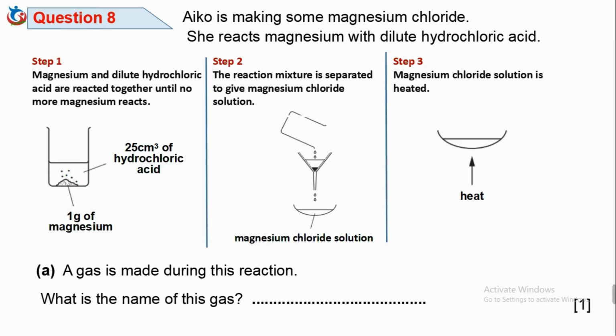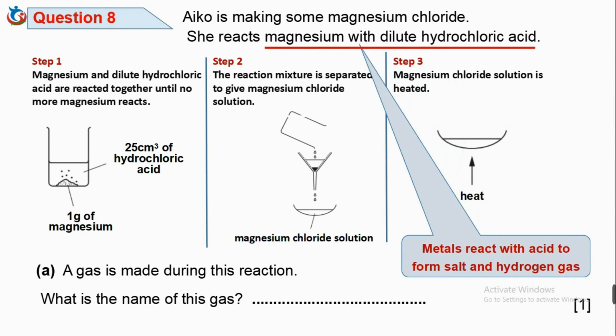Question 8a. A gas is made during this reaction. What is the name of this gas? So going back to Aiko's experiment, she reacted magnesium, which is a metal, with hydrochloric acid, which is an acid. When metals react with acids, salt is formed and hydrogen gas is given off. Hence, the gas formed is hydrogen gas.